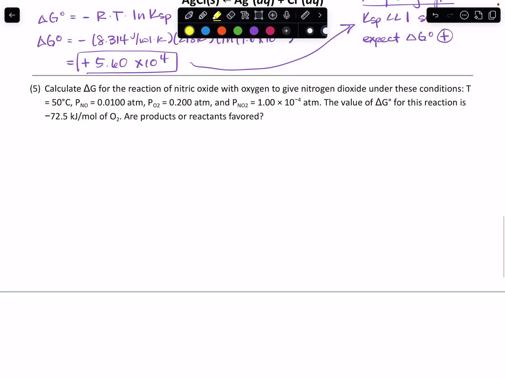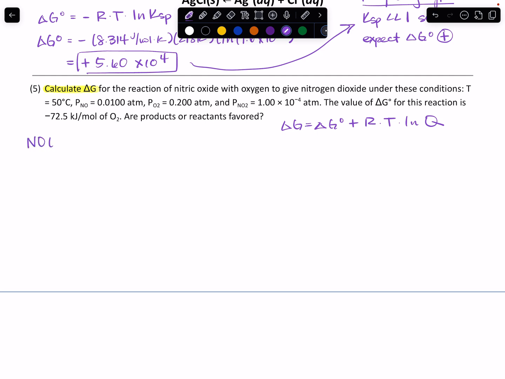All right, so what we have here is a system under non-standard conditions, so we're going to be calculating delta G based on that non-standard set of conditions. That formula is delta G equals delta G under standard conditions plus R times T times the natural log of Q. We're going to need to figure out what Q is, which means we need a balanced chemical reaction.